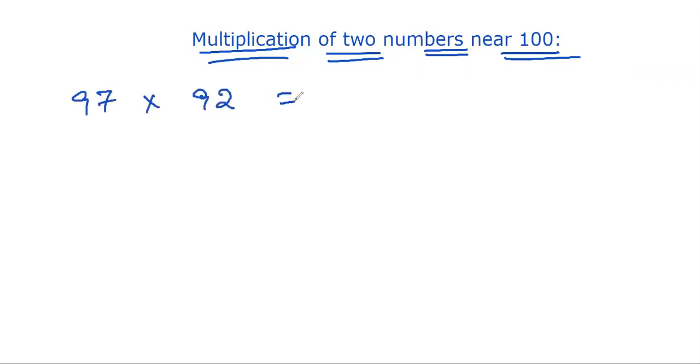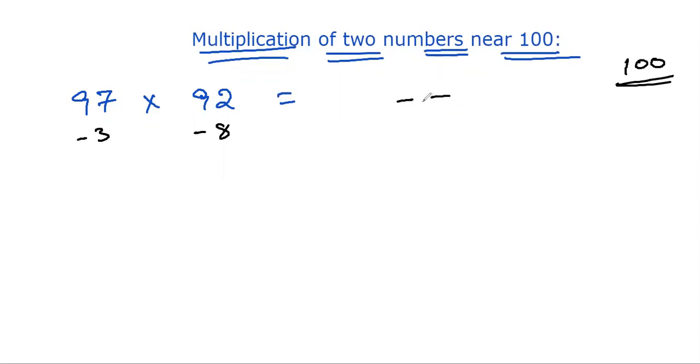These two values are very near to 100. So subtract 97 minus 100. What we'll write here? Minus 3. 92 minus 100, minus 8.